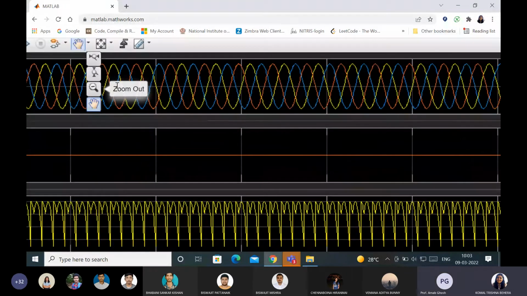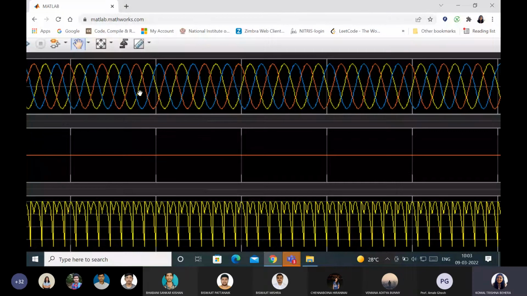Sir, is it visible? I want to ask you to zoom in on that output voltage for one cycle. Yes, sir, actually my laptop got hanged. So why are you not using Multisim?